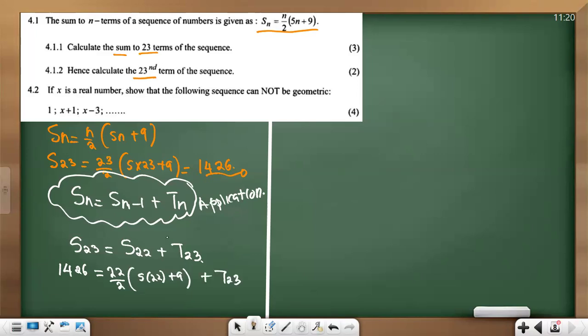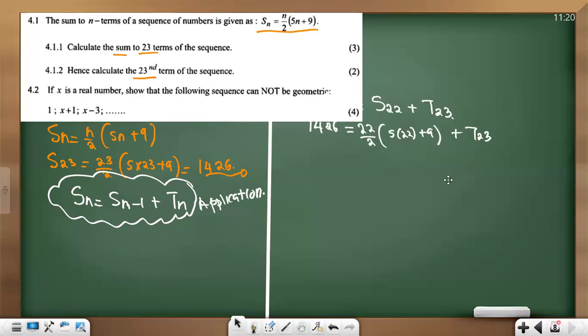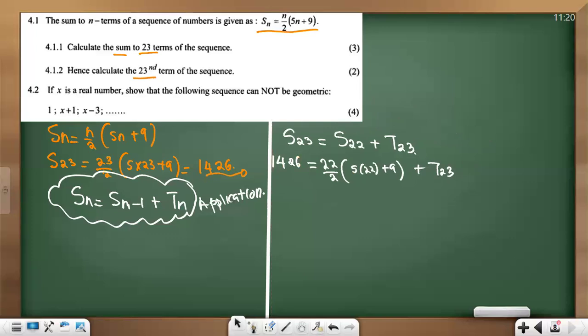Let me just take it to the other side so that I can do my maths without a calculator. 1426, which will be 22 divided by 2 is 11. I'm already telling you the answer.